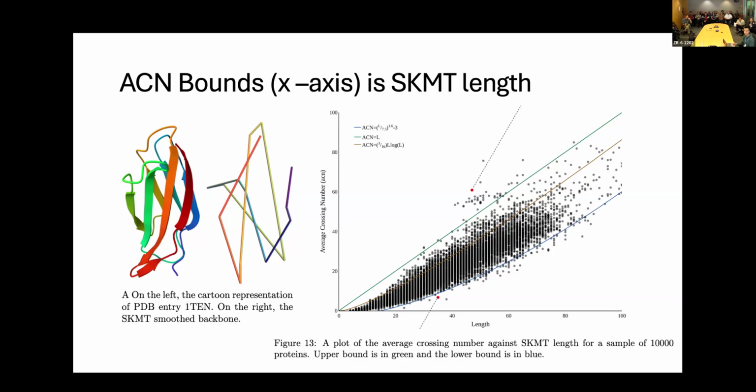And for the ones that fell below the bound, if you look at the structures, the electron density was poorly defined, and you had to kind of guess at the chain trace. So you can detect, I think, misbuilt models.